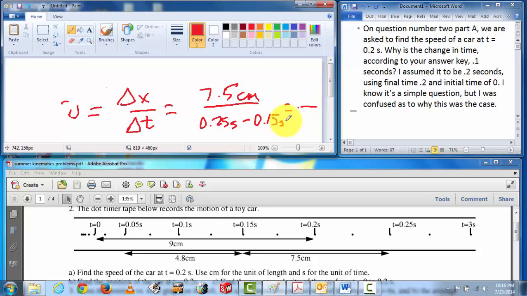On the bottom, the time interval here is 0.1 seconds. Running out of room there. And on the top, this is 7.5. Okay, so if you're looking at the answer key, you're going to see 7.5 divided by 0.1. That's where the answer came from, and that's why the time interval is not from the beginning to the last point they asked for, but is measured on either side of the 0.2 second mark. Hope this helps.